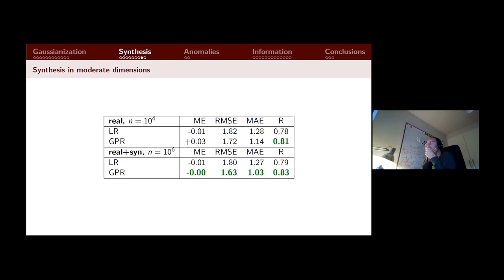And yes, apparently the real plus synthetic data was richer and more useful for prediction. And actually, you can see that in all quality measures, the mean error, the RMSE, the mean absolute error, the Pearson correlation coefficient, everything is improved, especially when you're using Gaussian processes that benefit quite a lot from this joint Gaussian assumption.